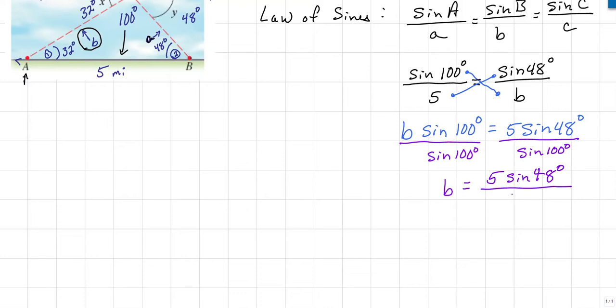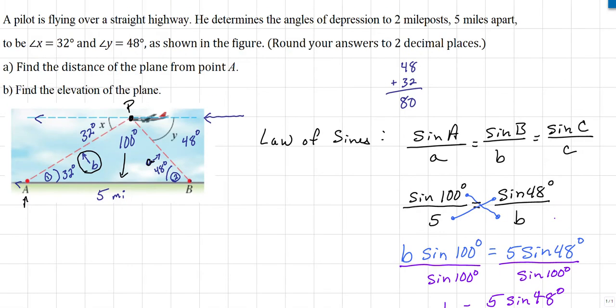Type it in exactly as it's written, but make sure that your calculator is in degree mode and not radians. And so we end up with B being equal to 3.77 miles, which means that this post at A right here is 3.77 miles from the plane.